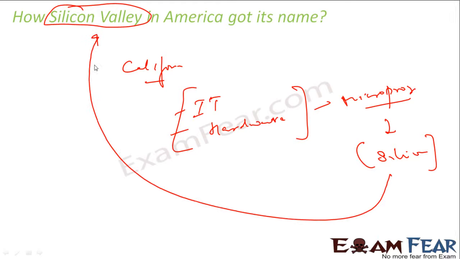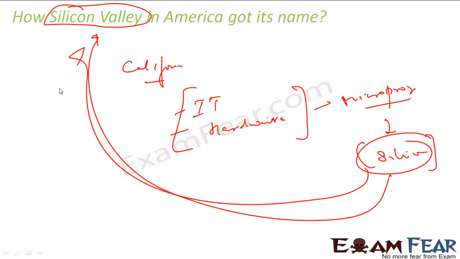That's how this place got its name. The software and hardware companies need a processor to run, and the processor is made from silicon, and that's why the name Silicon Valley came.